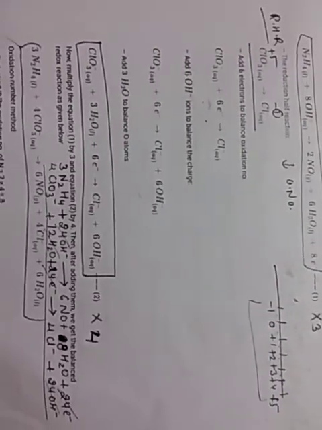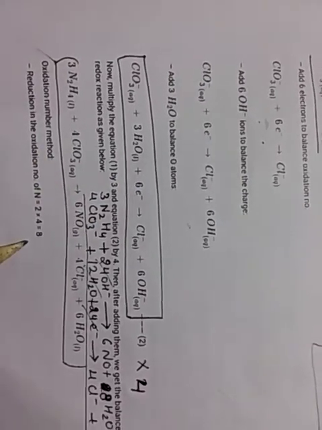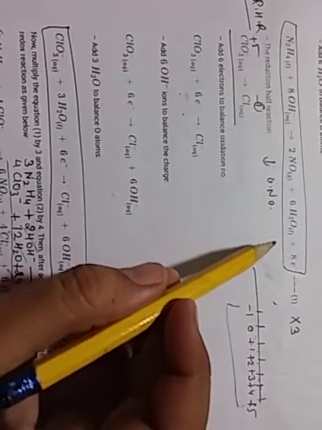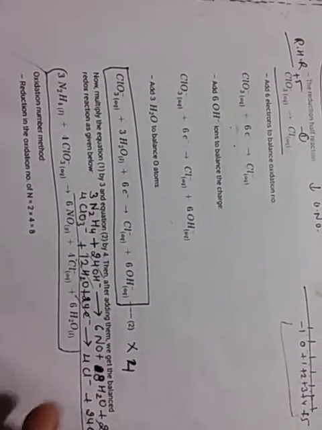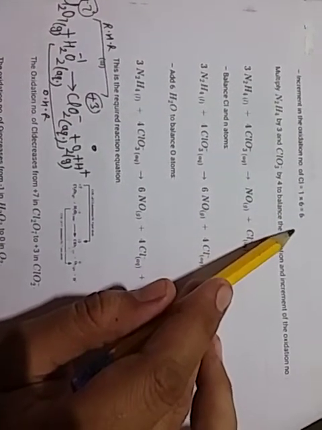It is your choice: use the ion-electron method, or otherwise use the oxidation number method for balancing the equation. In the oxidation number method, the change in oxidation number of nitrogen is 2 into 4, which is 8 electrons. The change in oxidation number of Cl is 1 into 6, which is 6 electrons.